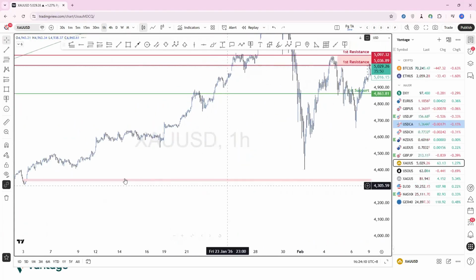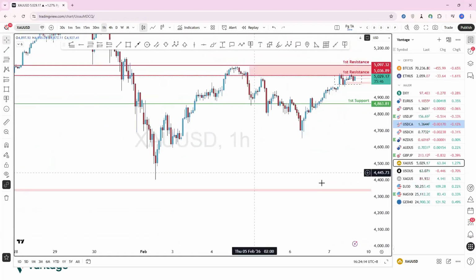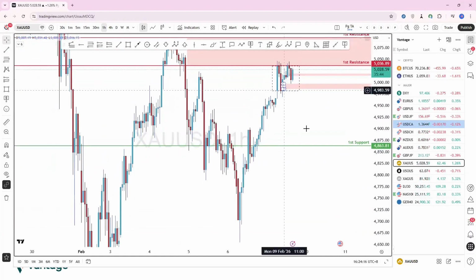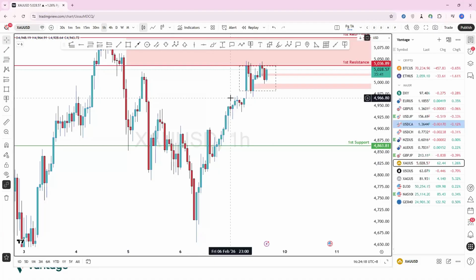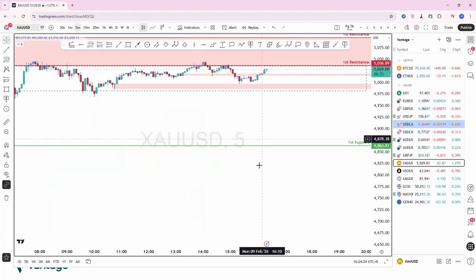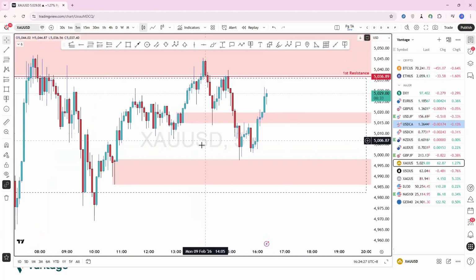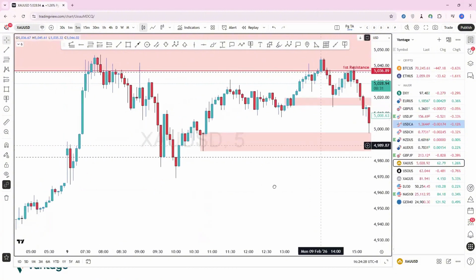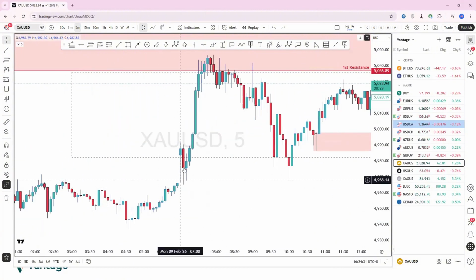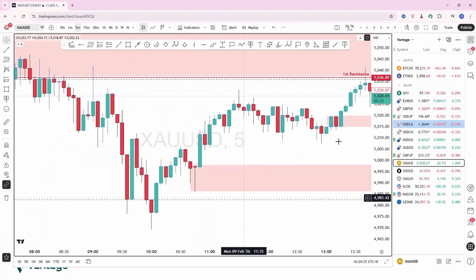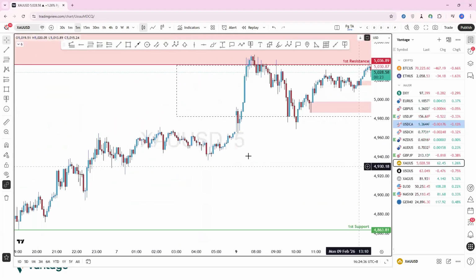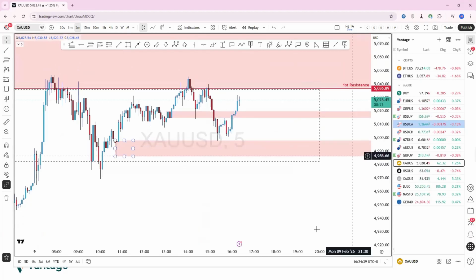Take notes, right? This zone is a gap, not even closed. And today we also have a gap up here, also haven't closed. Maybe closed already. Yeah, it is closed. So right now this is a key level.